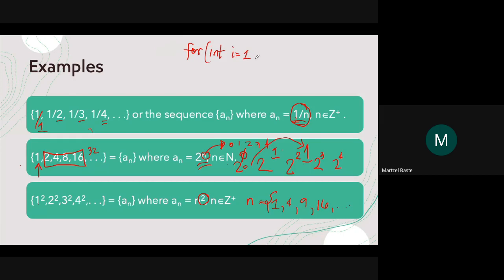And then pwedeng gawa kayo ng result. So gawa tayo ng ano sa taas. I less than or equal to, let's say, the value of n, no? Which is the number series.